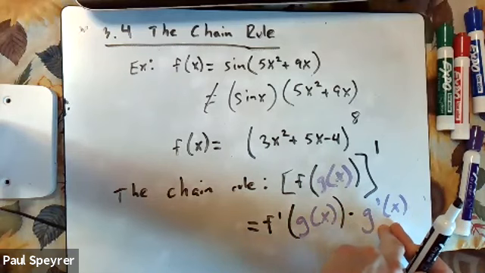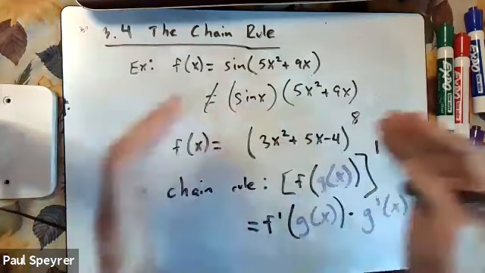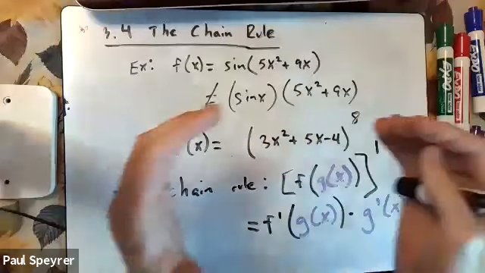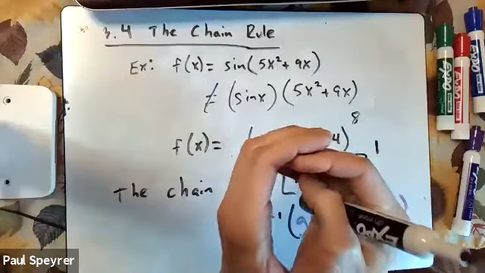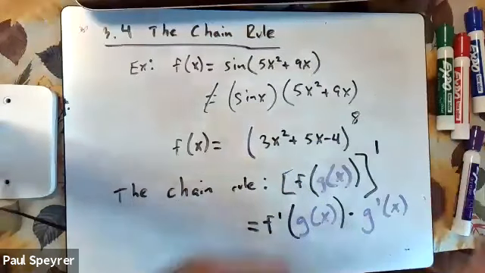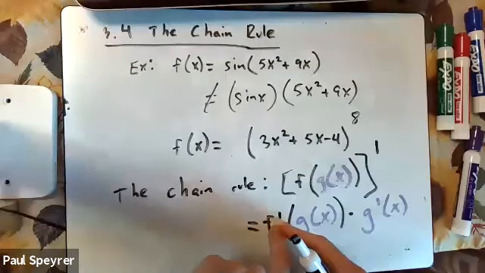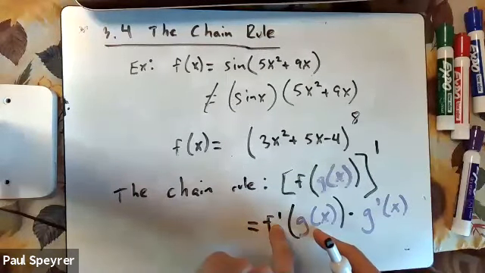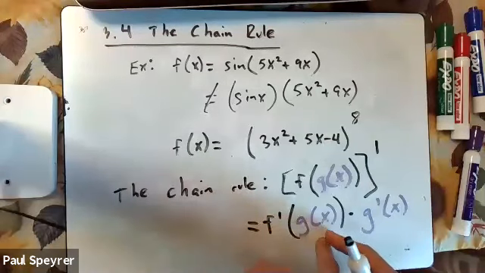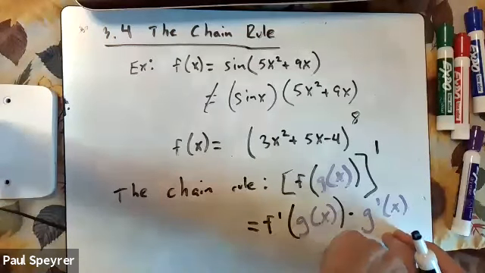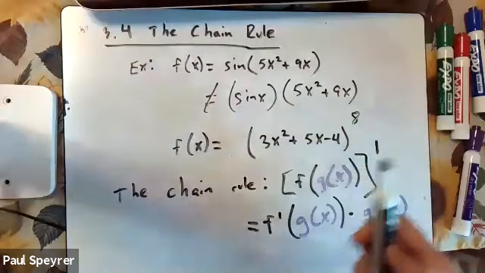See that right there? So basically, with the chain rule, you start from the outside and you derive one piece at a time, moving towards the center. But as you're doing that, you leave everything else alone. So again, I didn't say it's f prime g prime of x. I had f prime of the inside. I didn't touch the inside yet. Then I went to the next innermost piece and derived that, and you keep going like that.